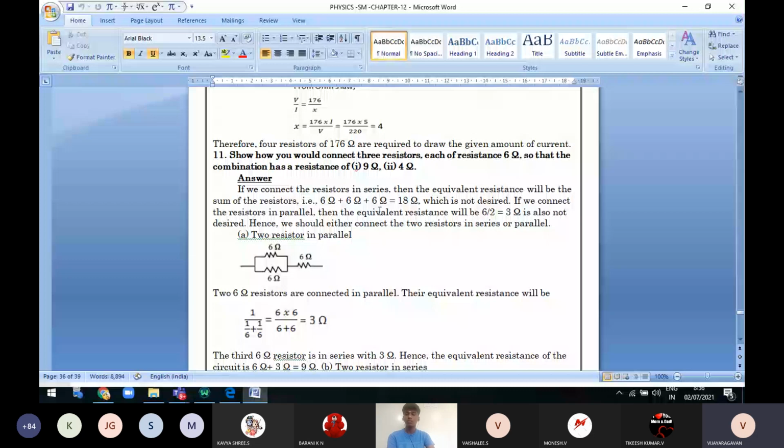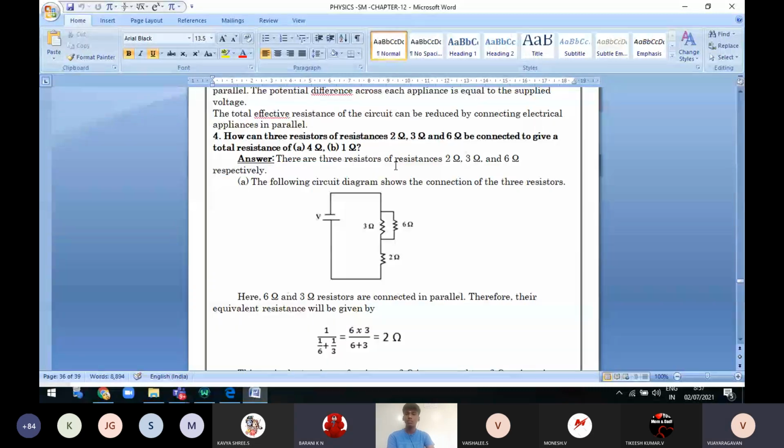Bharani, can you see the board? Yes, sir, visible, sir. So now see the diagram there.